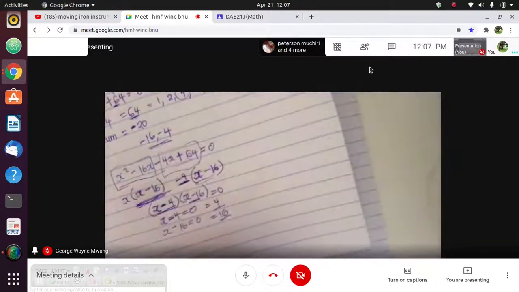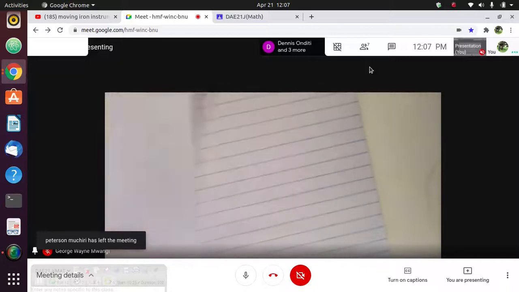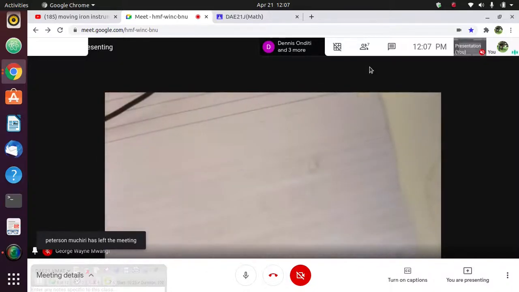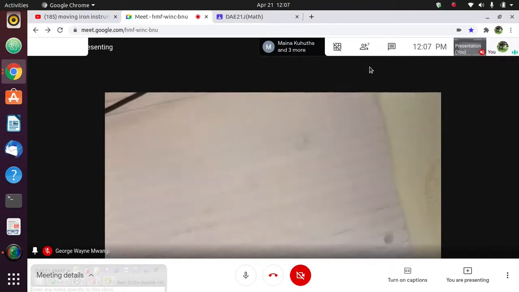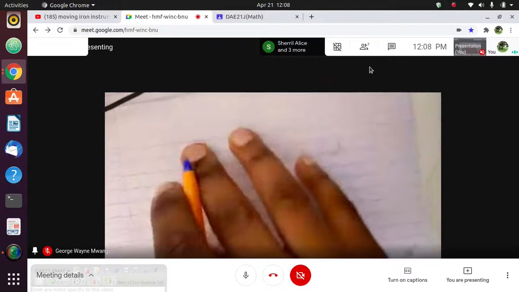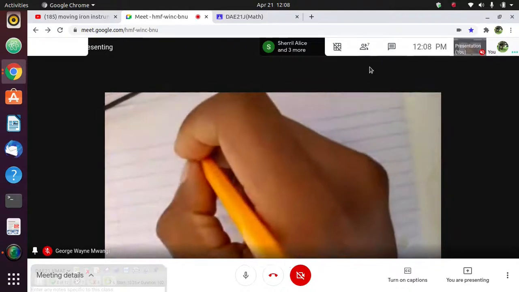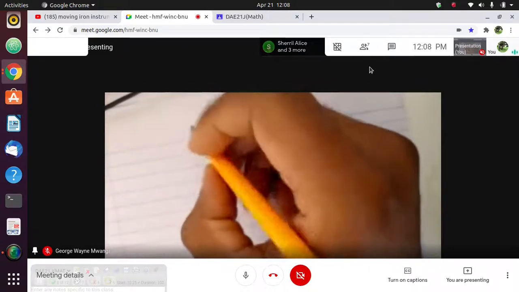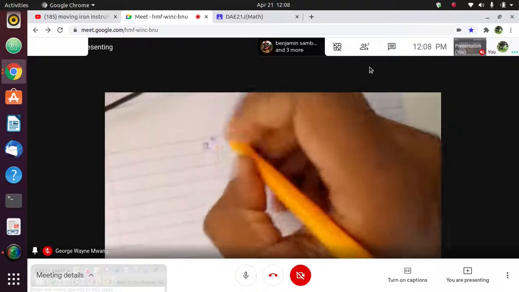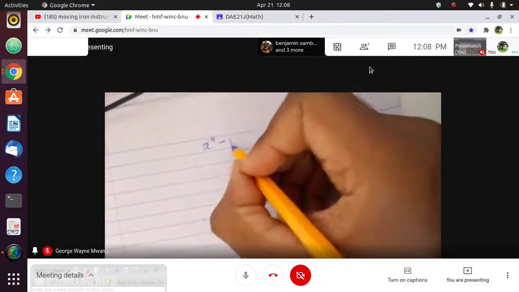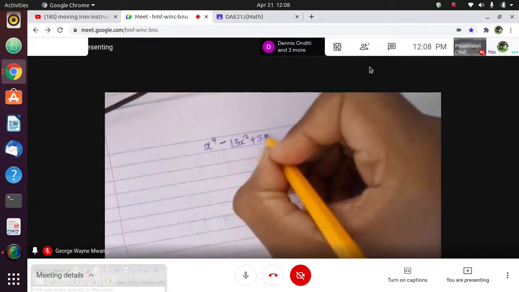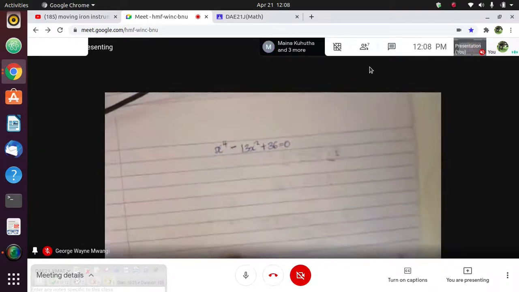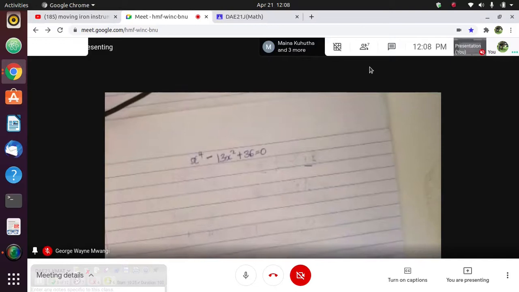We introduce brackets. Now, since we have understood how to factorize quadratic equations, we might have algebraic expressions or polynomial expressions. For example this one, and you have been told to find the value of x.